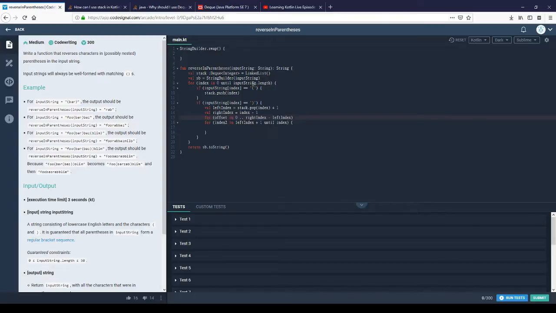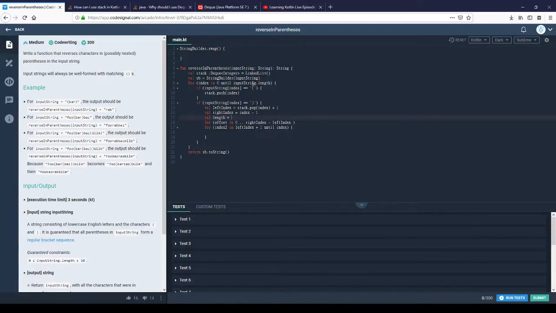The length of this would be the right index minus left index minus 1, I believe. Length, nope, it was actually plus 1. Let's be super specific.